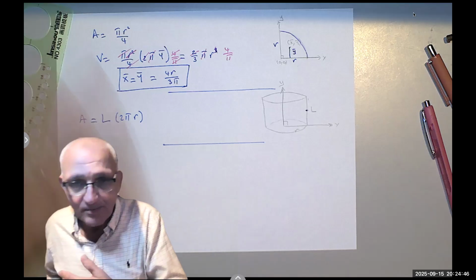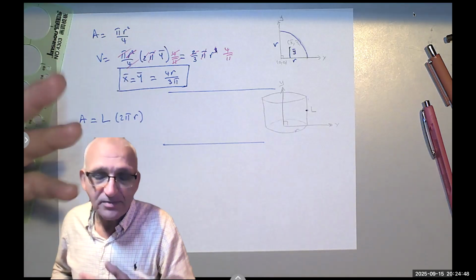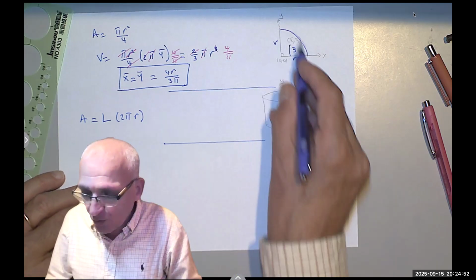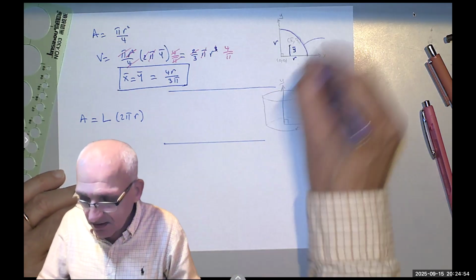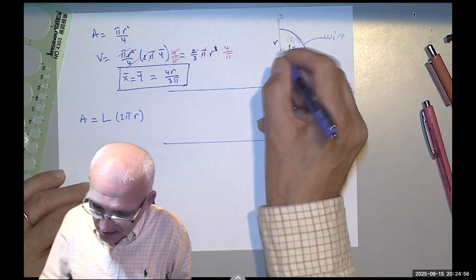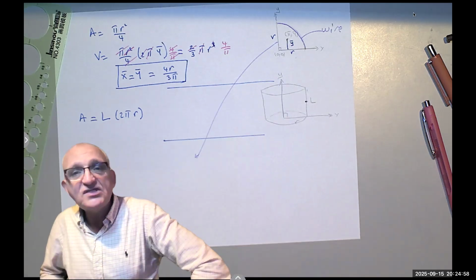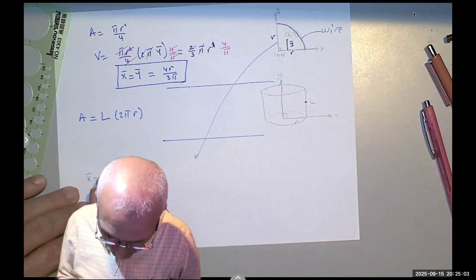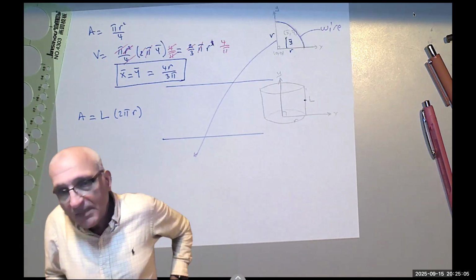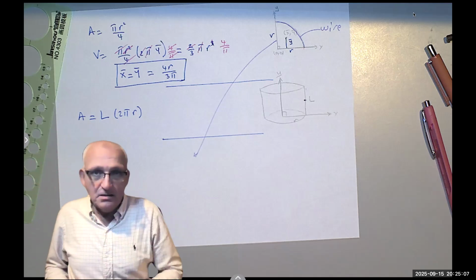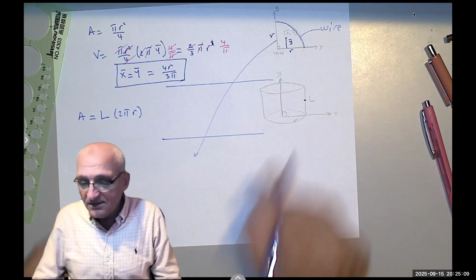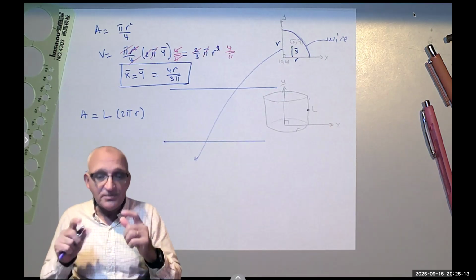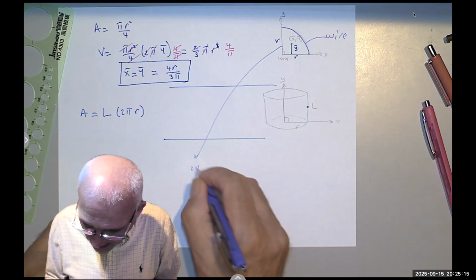X bar and y bar, as we said, would be equal because of symmetry. But now this is a wire, and I want to see where the centroid is. X bar equals y bar equals. We said the length of the wire is a quarter of the perimeter. The perimeter of the circle is 2 pi r.